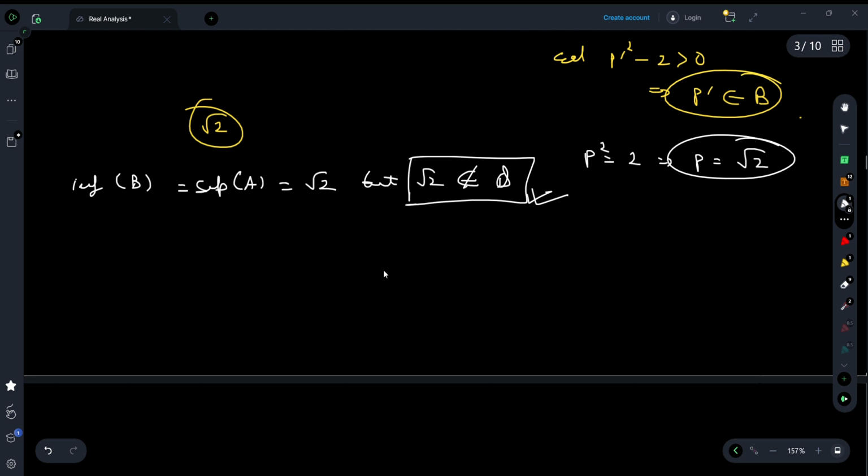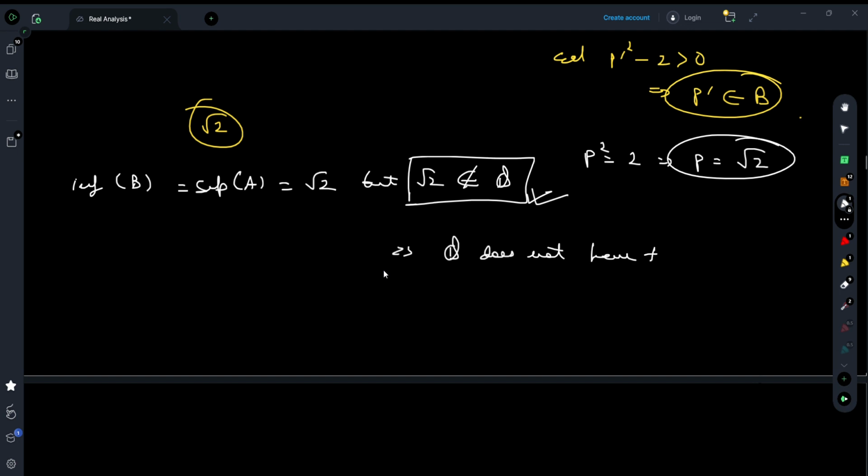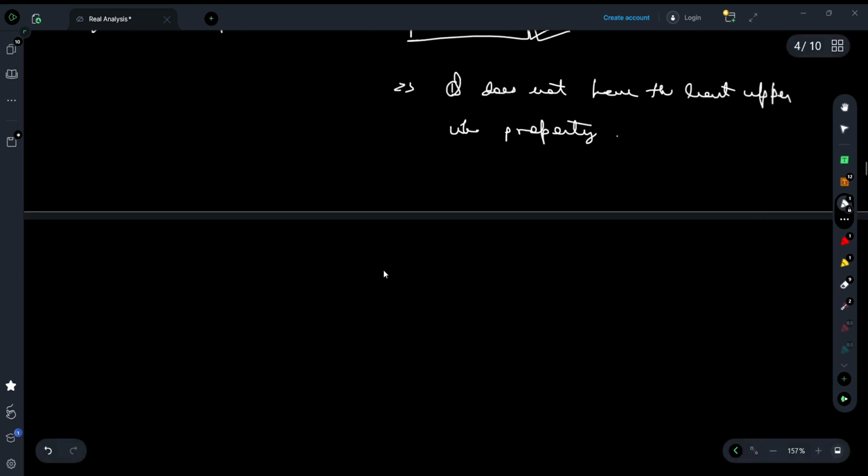But root 2 is nowhere in Q, because we have already started our discussion considering that there exists no rational number whose square is 2. That means that Q does not have the least upper bound property. Is it clear?